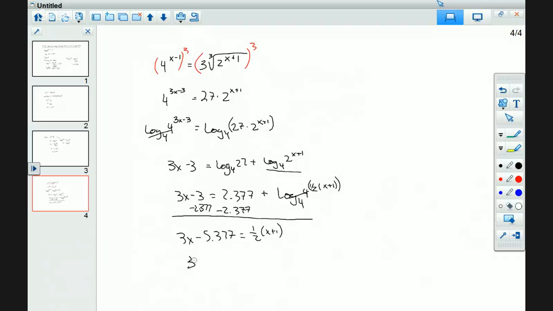You asked for it. Blame it on me, not this problem. Okay, subtract 0.5, and then I'm gonna subtract 3x. And now divide, and we get the final answer after a page of work. 2.